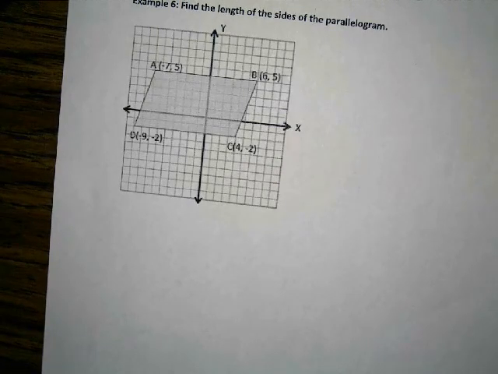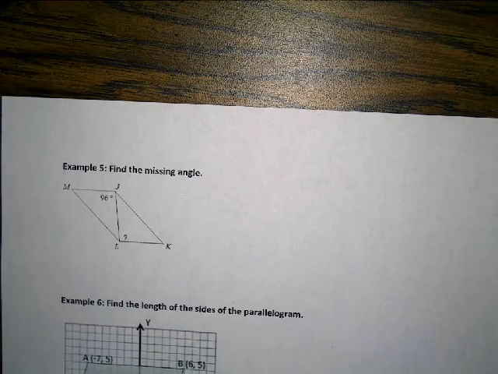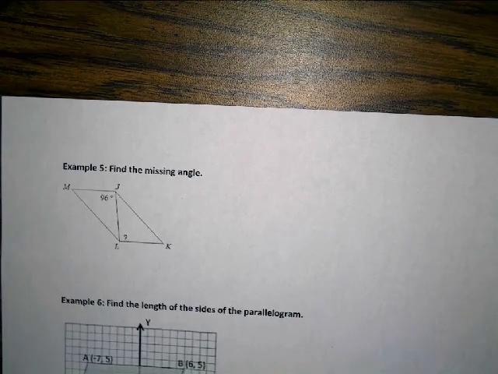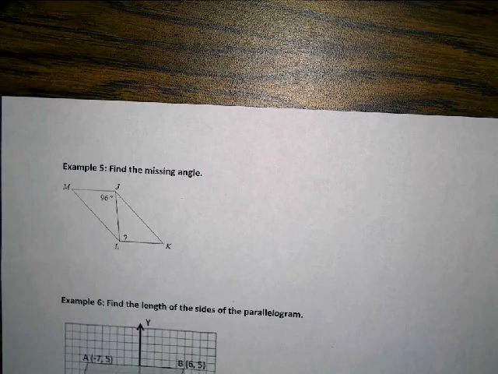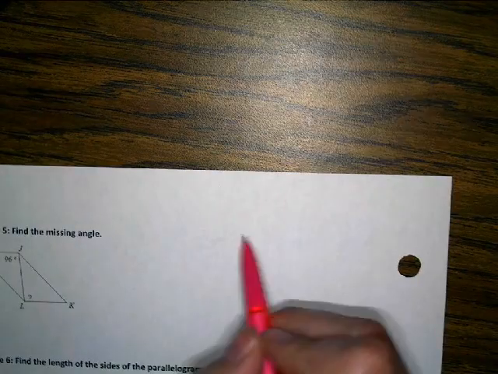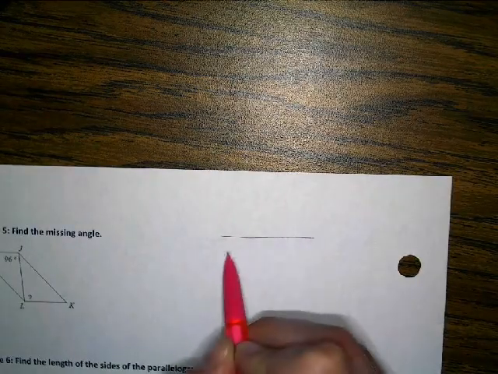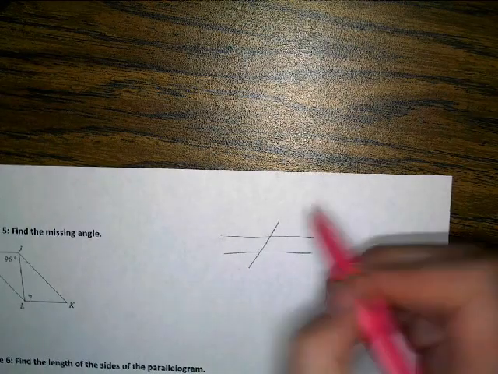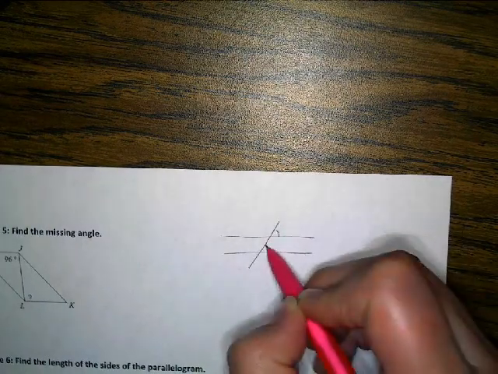Okay, example 5 is an interesting one because it actually refers to something that you learned in Math 2 if you guys ever got to this point in Math 2. Do you guys remember problems like this, two parallel lines and a transversal? And you would learn like these two angles are called corresponding angles.